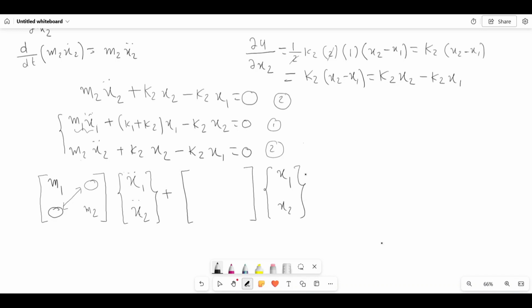Now, we do the same thing. When we look here at x1, what do we have? We have k1 plus k2 here. We have the expression that has x1 here. Do you understand what I'm doing, guys?